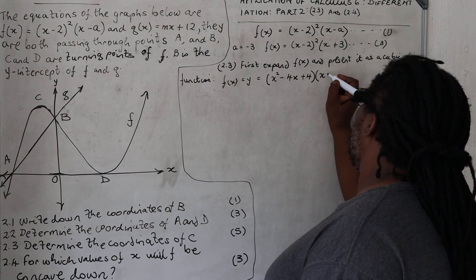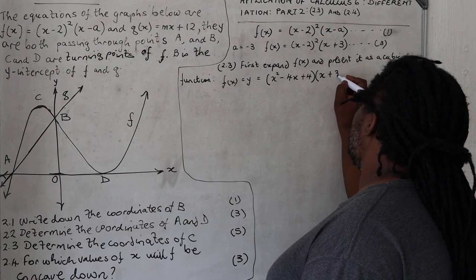So we have the binomial factor expanded. We just multiply it out by (x plus 3).